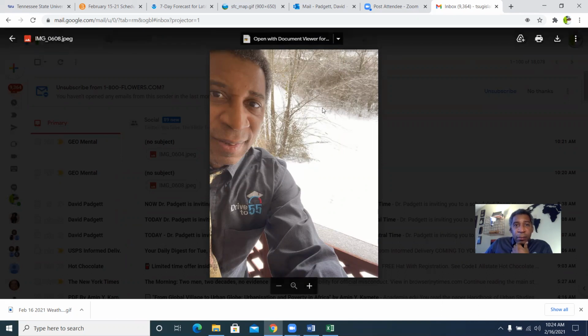And again, not freezing rain. There might have been some freezing rain mixed in, but mostly sleet. So sleet is when the water falls out of the sky in little ice balls. So it's frozen on the way down.